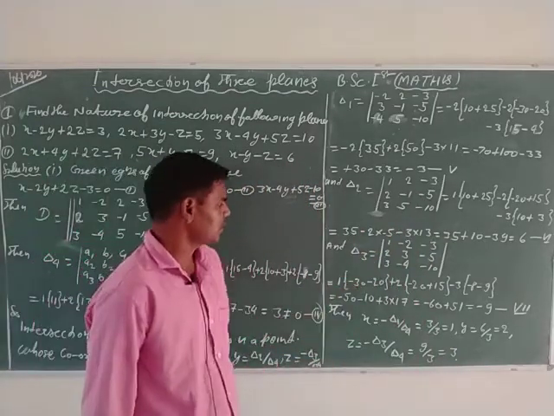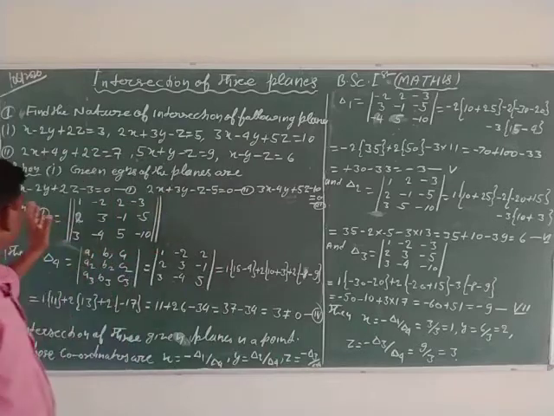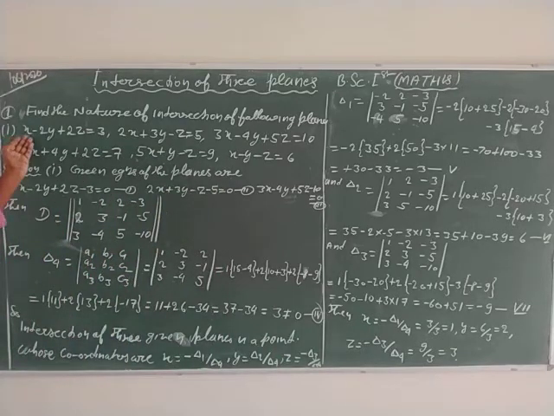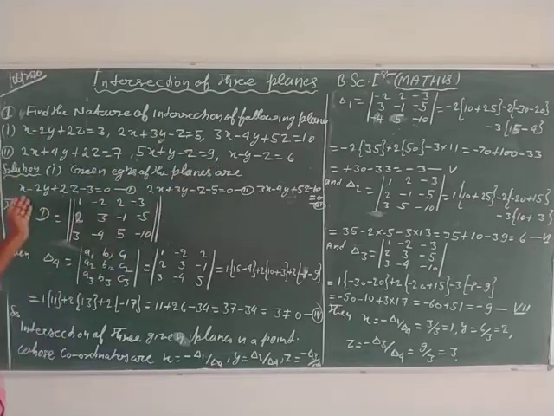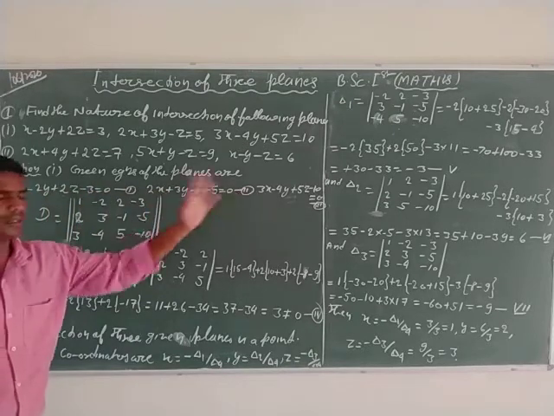So let us discuss again briefly. Here the equations of 3 intersecting planes are given: first, second and third. Write the equations in the form of first equation, second equation and third equation.